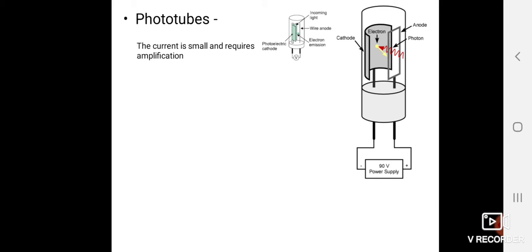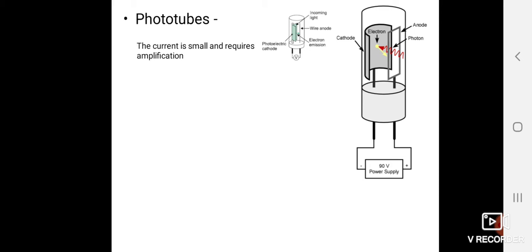Next are phototubes. Phototubes are also called photomultiplier tubes by some people. The phototube has a structure like this. You can see where the light is allowed to pass through.